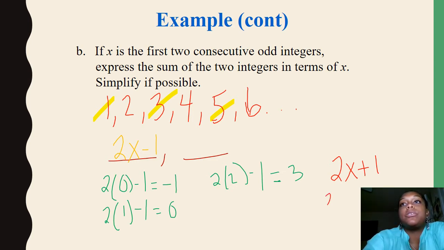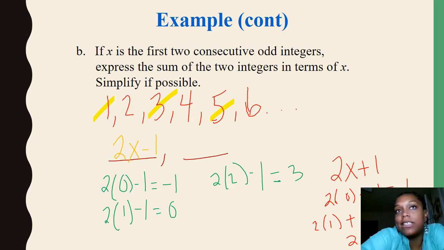I have 2 times 0 plus 1, that gives me 1. I have 2 times 1 plus 1, that's 2 plus 1, which is 3. That works. We have 2 times 2 plus 1 equals 5.